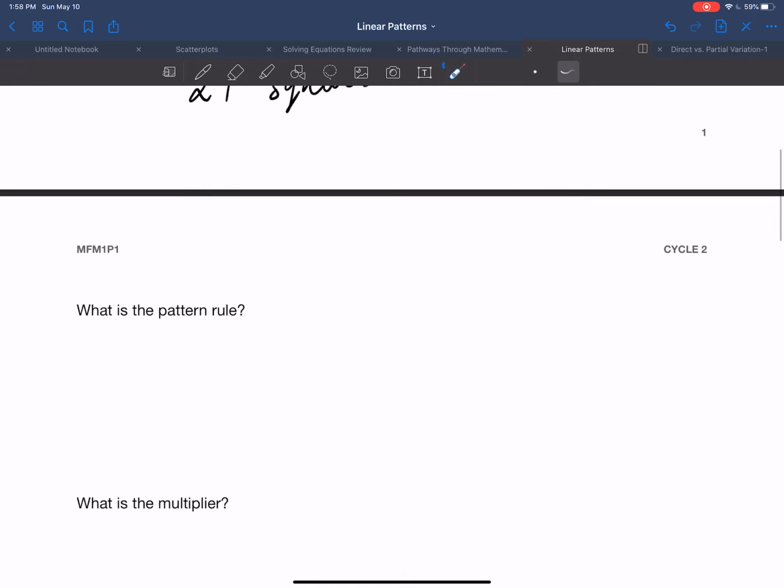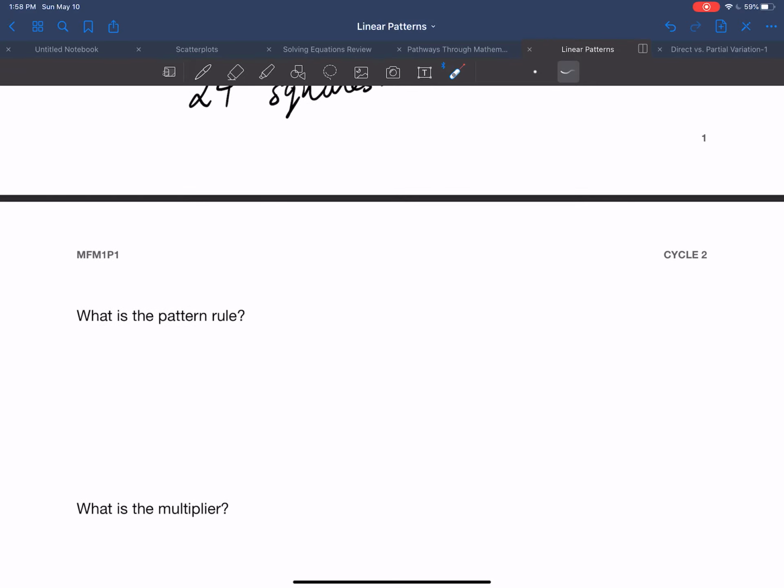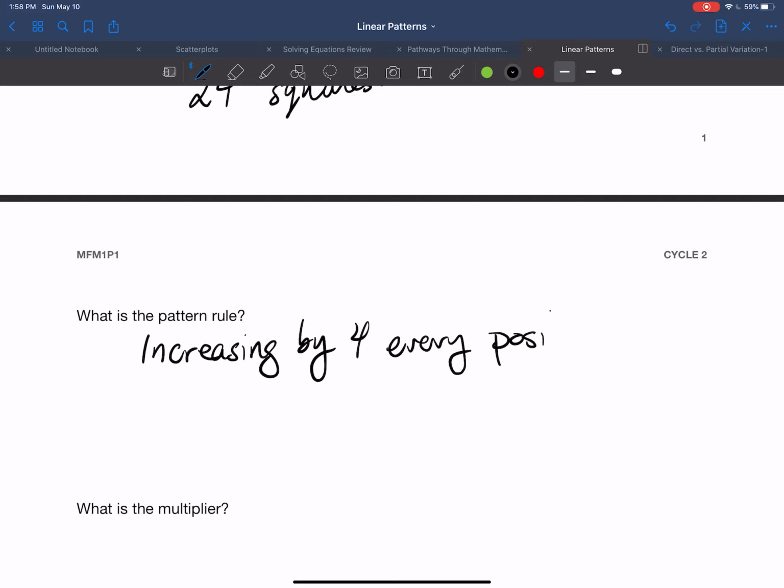Even though we don't have it, we want to think about what was there. So what's the pattern rule? We're increasing by 4 every position number. For every position, we increase by 4.